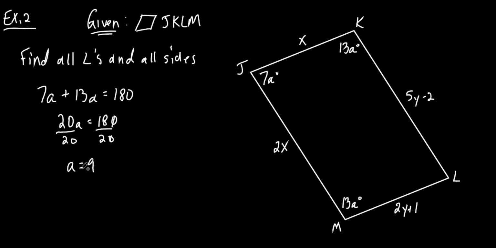Let's do this. So we solved for A. I've got to find all the angles. So let's find this angle right here. What do I do to find that angle? That's right. I just go 7 times 9.